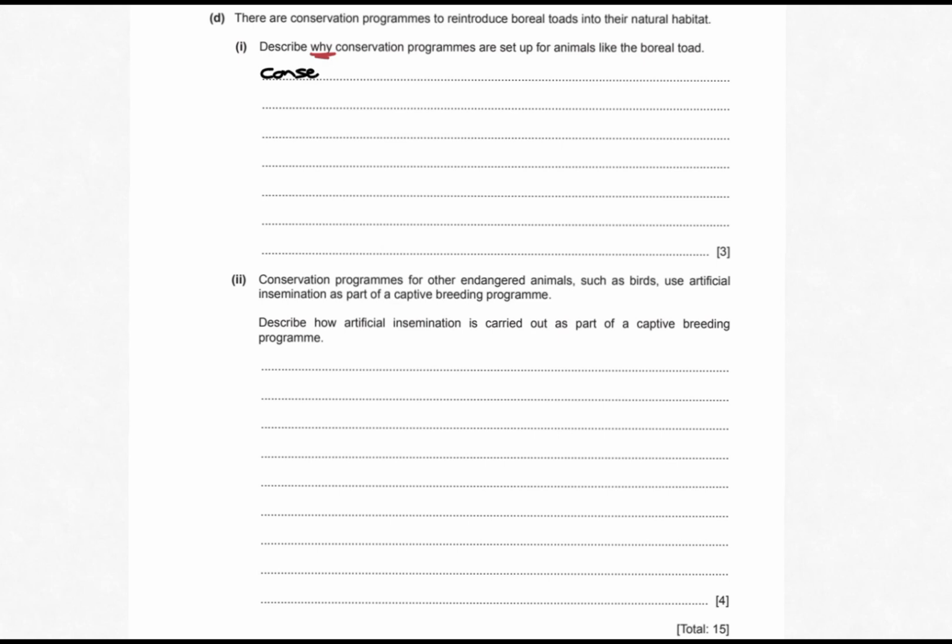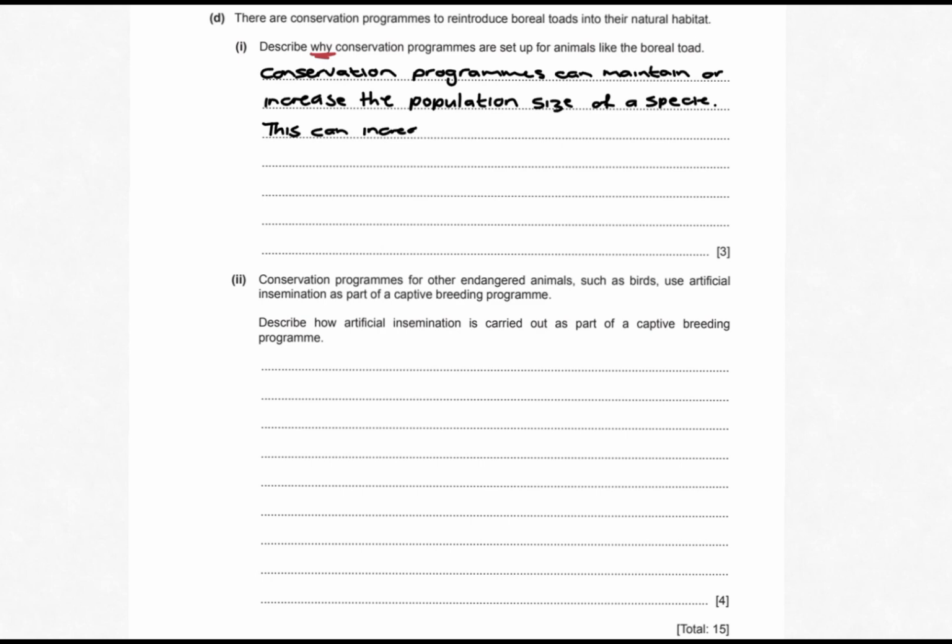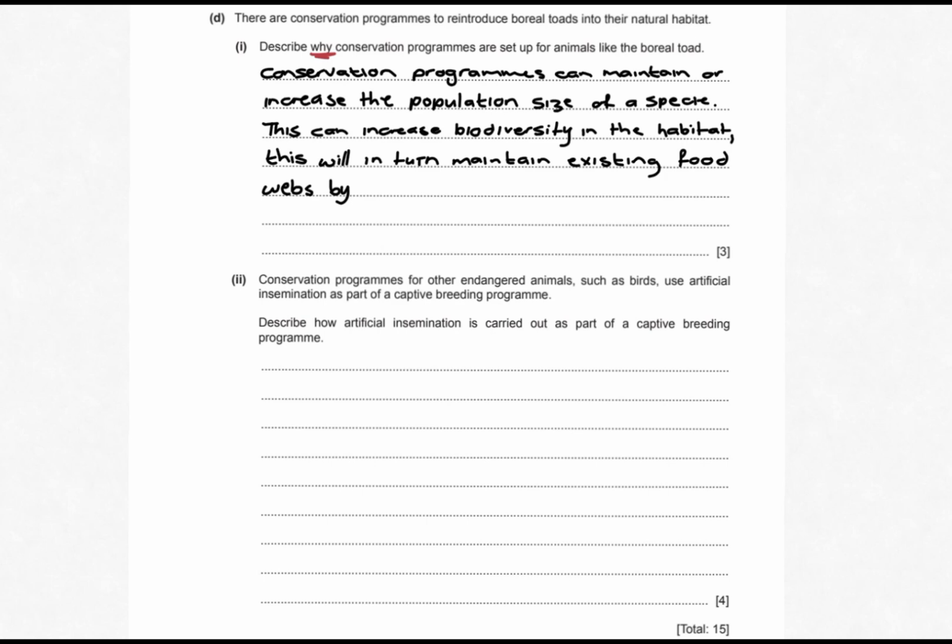Now remember, the whole point of conservation programs is to keep the organism safe. So conservation programs can maintain or even increase the population size of a species. When the population size increases, it can increase biodiversity in the habitat. This will in turn maintain the existing food webs by maintaining toads as a food source for other organisms.